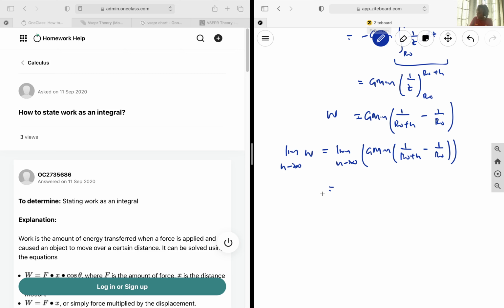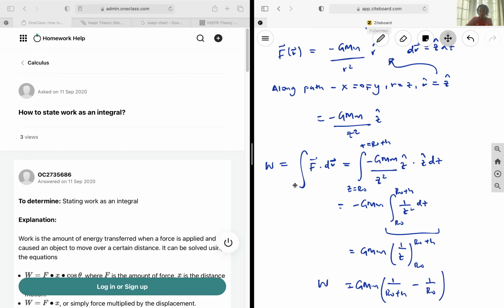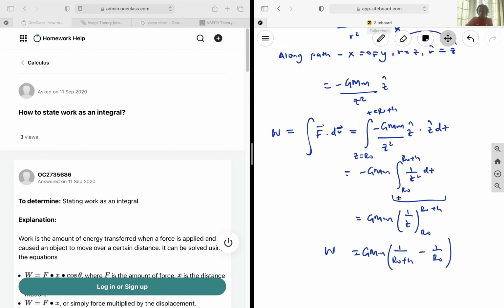And this is going to give us the answer of negative GMm over R0. And this would be the total work done as the rocket escapes Earth's gravitational pull. Since it's negative, that means that the gravitational field itself is gaining energy and work is done by the force to the field. And that's going to be our final answer. And so as your general equation for how to find the work done, we have it here. And you can use it for problems like the one I've done here.